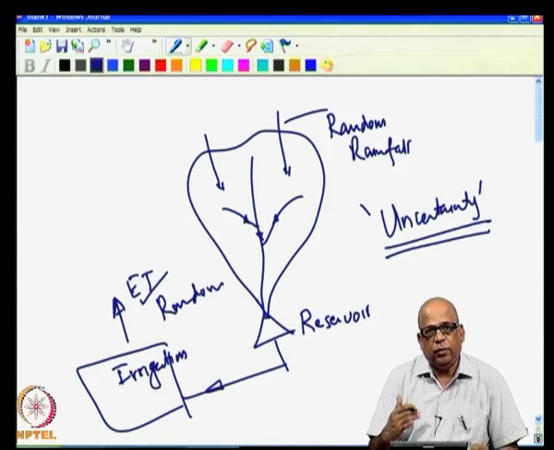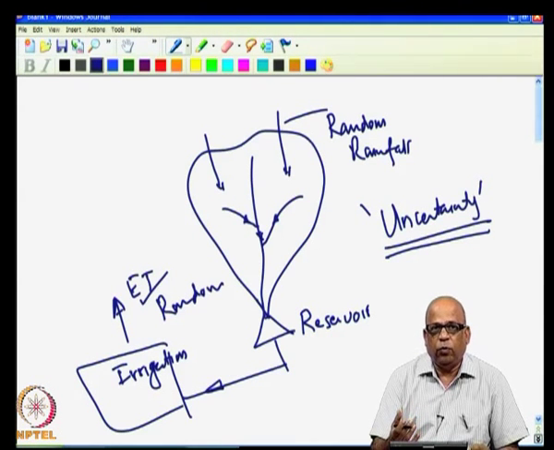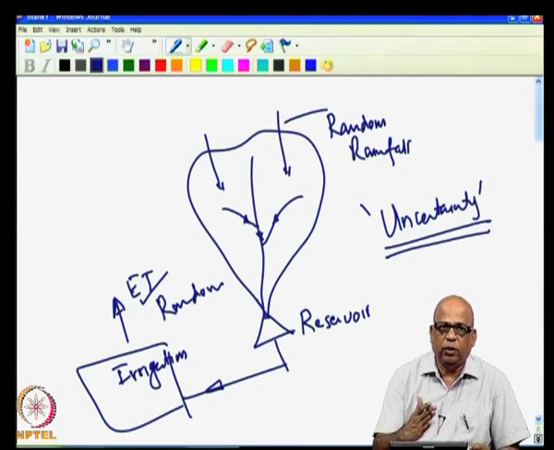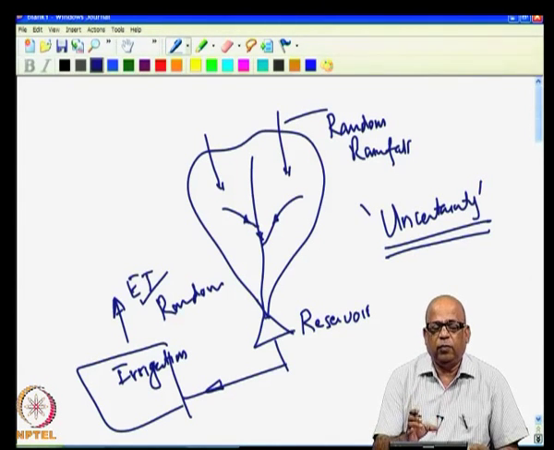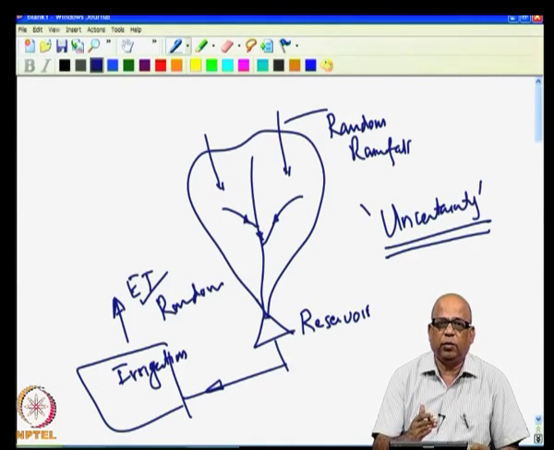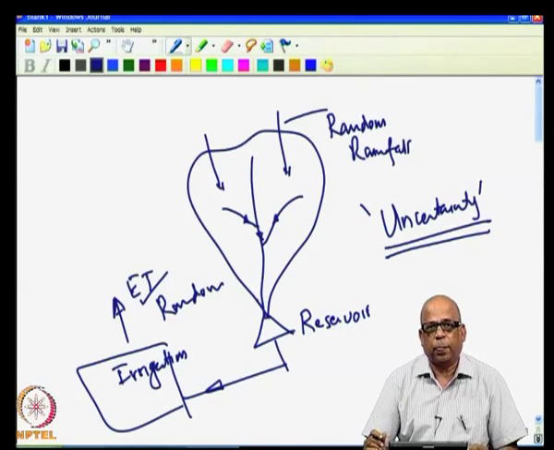So, when you are making decisions for the future, you need to account for the uncertainties associated with all the hydrologic processes. For example, in our earlier classes, we determined the reservoir storage for a given sequence of inflows, assuming that the same sequence will repeat year after year. It is well known that the same sequence will not repeat year after year.